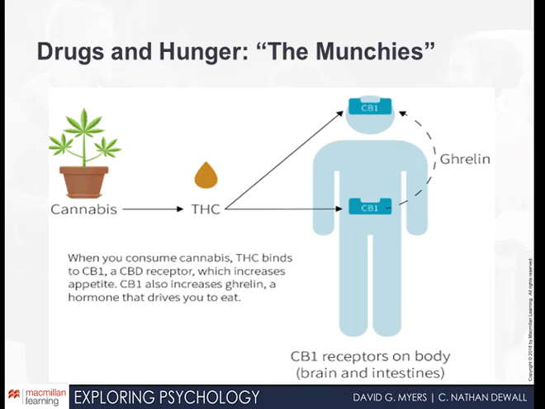So we have these receptor sites that are designed to be receptive to the molecule structures of certain types of substances. So it binds with the CB1 receptor sites and it then increases our appetite by increasing ghrelin, for example. So what that means is it has an influence on hormones in our body that will have an impact on our desire to eat things. Okay, so then we have the munchies.